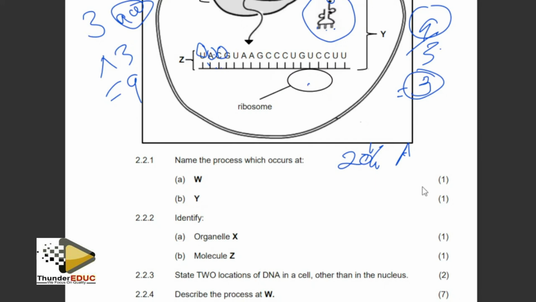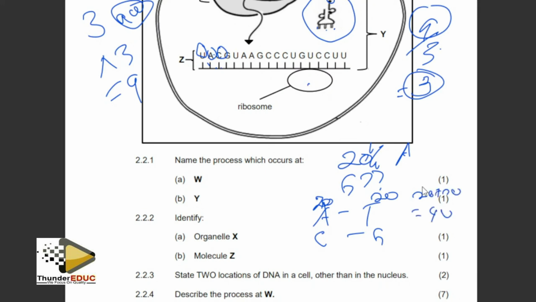What is the percentage of guanine? So you have to know this. If it is 20%, you have to know that A goes with T, C goes with G. So if A is 20, T is also 20. So 20 plus 20 is equal to 40.